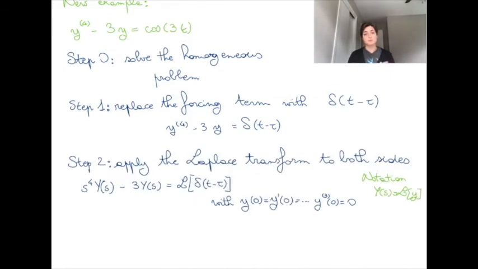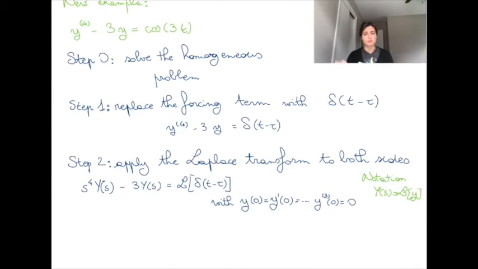In order to solve this new ODE, we're going to apply the Laplace transform on both sides. We're going to use the standard notation that capital Y is the Laplace transform of y. Because we're looking for a particular solution, we're free to choose boundary or initial conditions. Here, I'm going to choose that y computed at 0 and all its derivatives that we're interested in are set to 0 at 0.